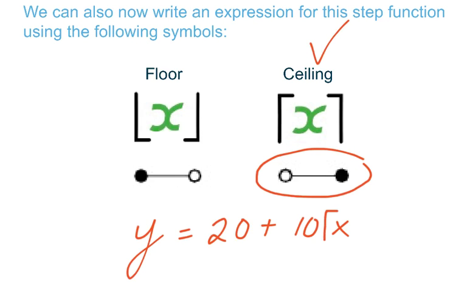We don't put it around the 10 because we put it around whatever the 10 multiplies. So this means that if I have 4.2 hours that I bowled, I have to pay for all 5. And so we're going to multiply that 10 by the 5 that the ceiling function works out to be.